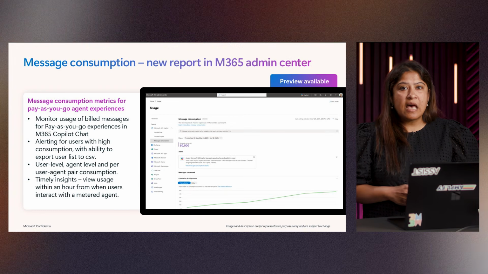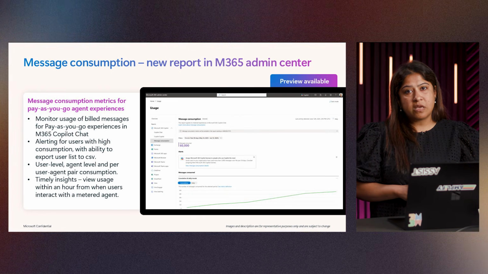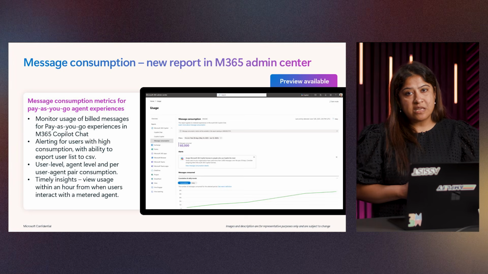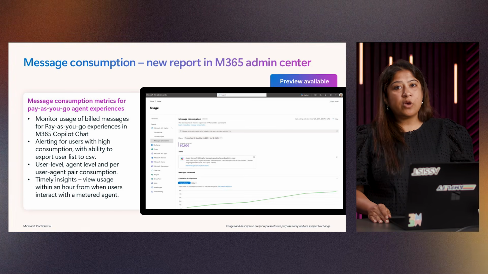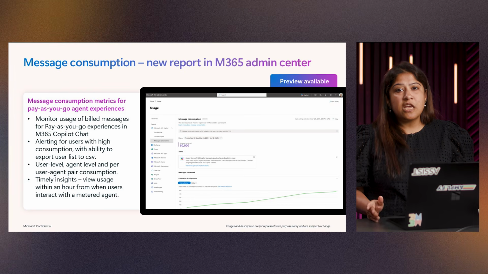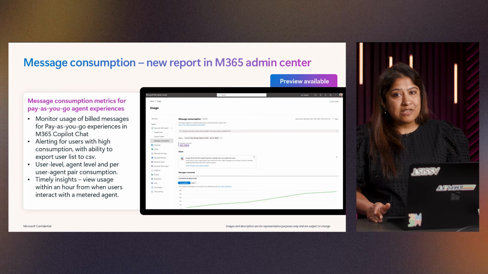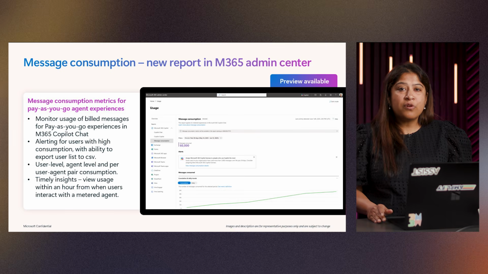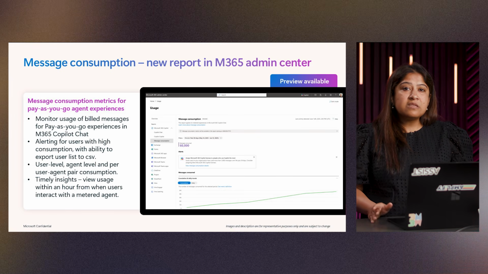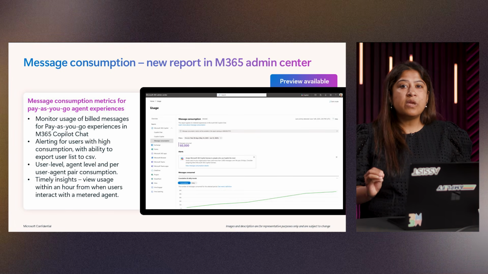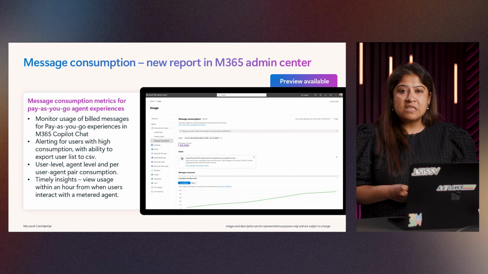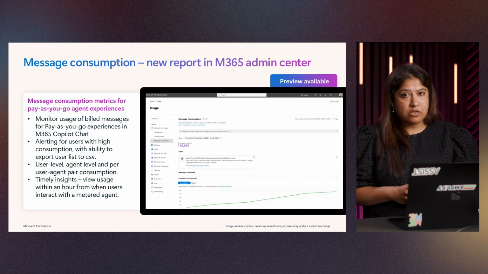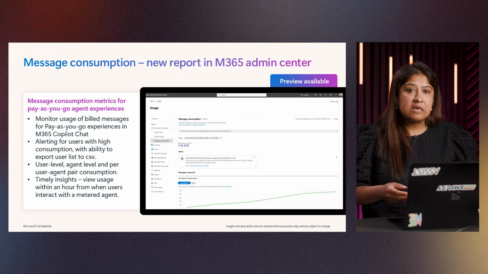Now let's look at analytics for consumption metrics for pay-as-you-go agent experiences. We are previewing a new report to help admins manage agent cost for billed messages that are PAYG-enabled for Copilot Chat. This report will have near real-time alerts for high-consumption users who have exceeded a certain number of billed messages over the last 30 days.